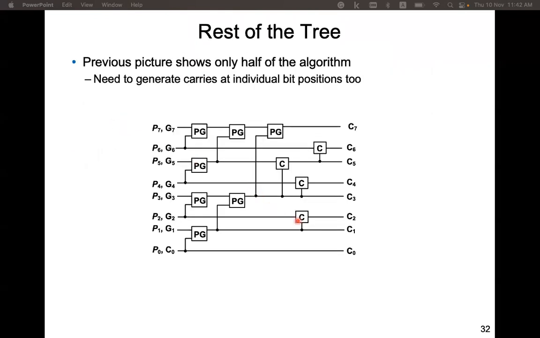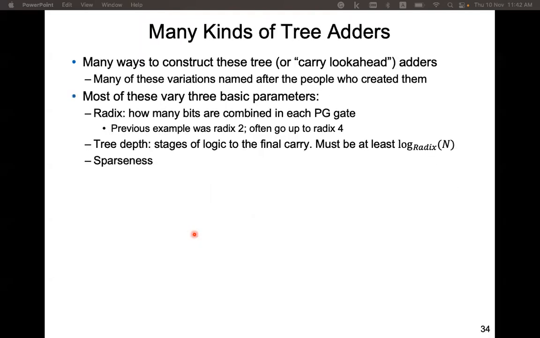Here, if we combine 2 into 1, the radix is 2. Sometimes we can combine 4 into 1, then that is radix 4. So we have shown radix 2. Some people go to radix 4. Tree depth is the stages, and sparseness.